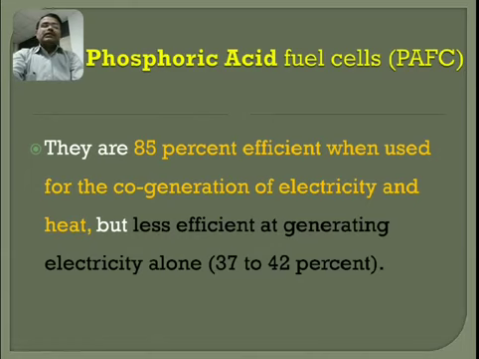The efficiency of these fuel cells can be up to 85% when used for cogeneration of electricity and heat, but they are less efficient if you are producing only electricity, around only 37 to 42%.